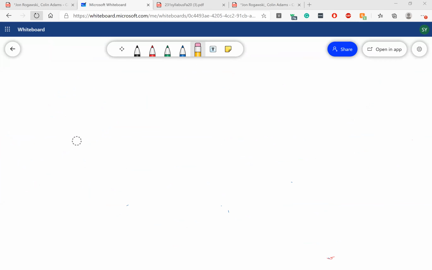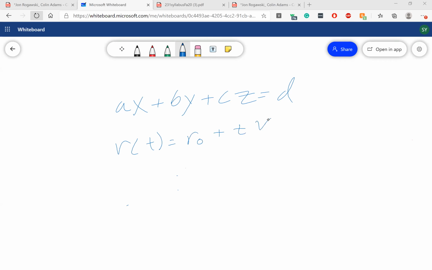If you have an equation of a plane, so the equation of the plane is ax plus by plus cz is equal to d. And now you have a line, r of t is equal to r0 plus tv. So they want us to be able to tell where this line and this plane intersect.